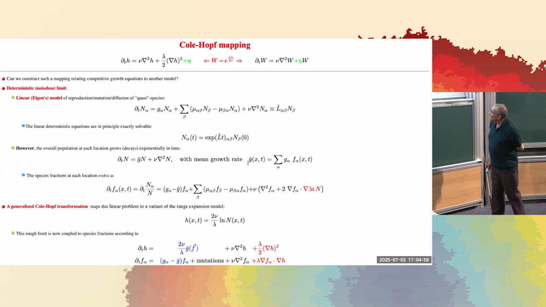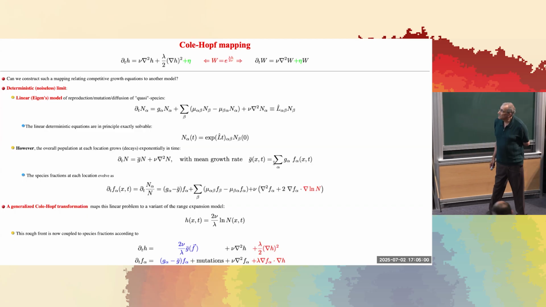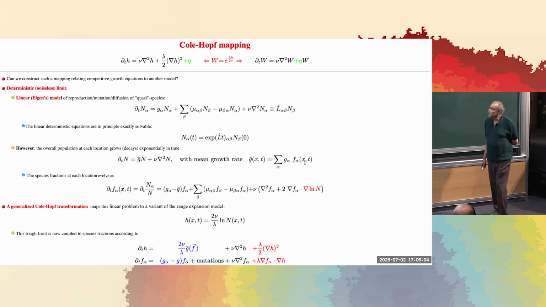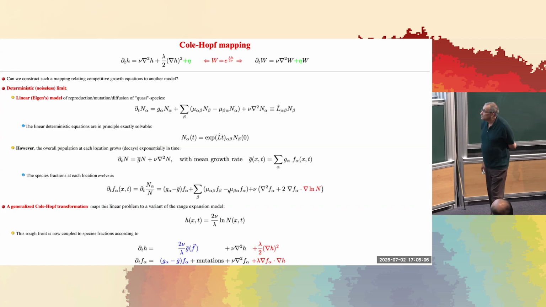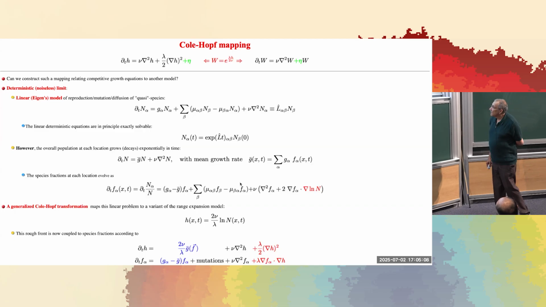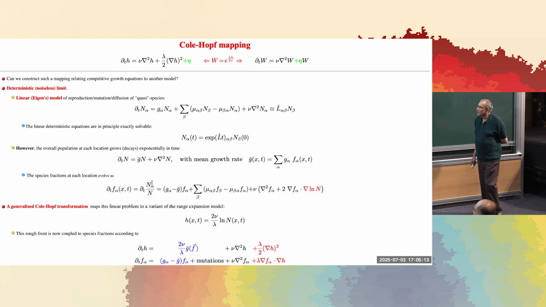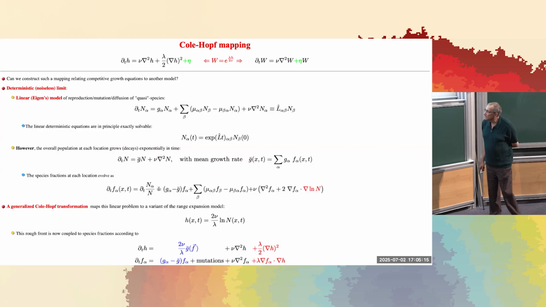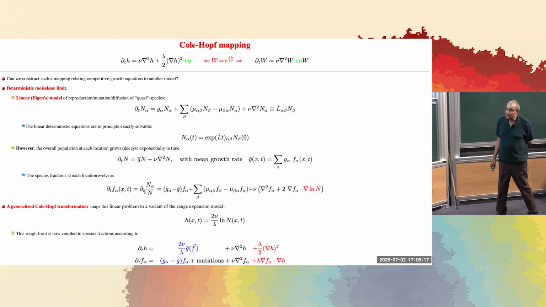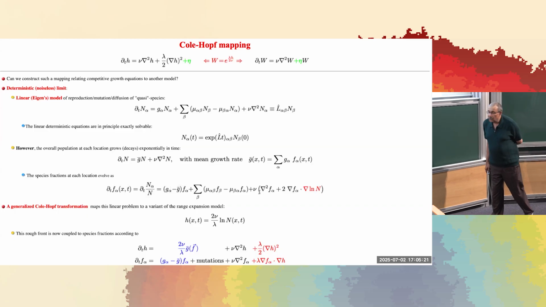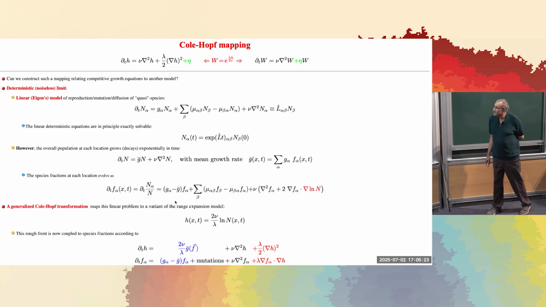This average growth rate is obtained as a product of the growth rates of the different species and the frequencies of the different species. So I can ask, well, how does the frequency of species alpha, which is n alpha at point x divided by n at point x, change? And this is the equation that governs that.